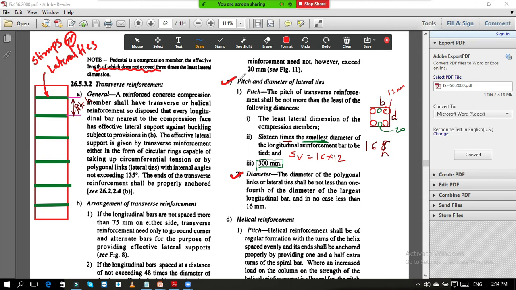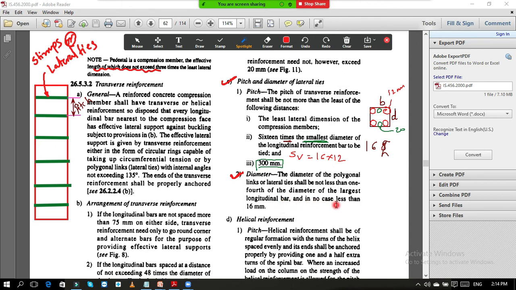So what they have told us: the diameter of the polygon links or lateral ties shall not be less than 1/4 of the diameter of the largest longitudinal bar, and in no case less than 16 mm. So you should consider the bar diameter phi for this link, that is, for stirrups or lateral ties. It should be not less than 1/4 of the diameter of the largest longitudinal bar.